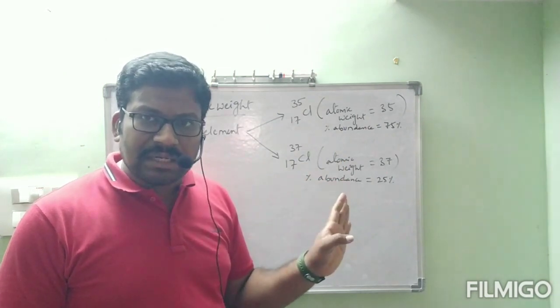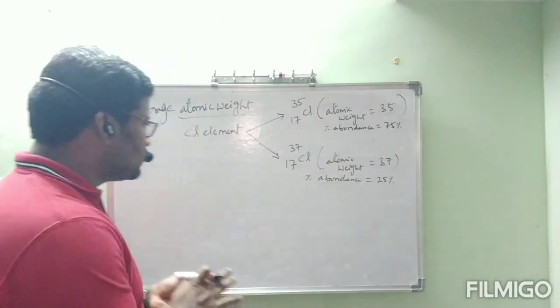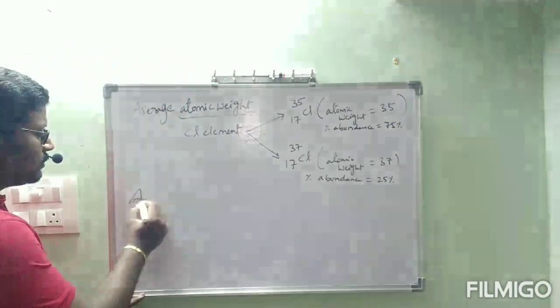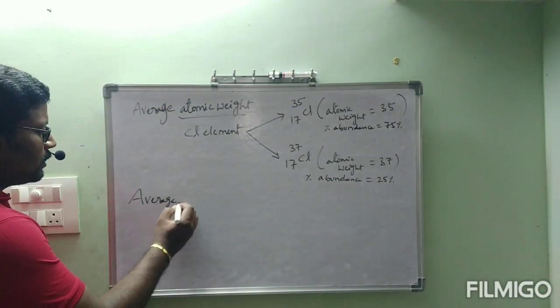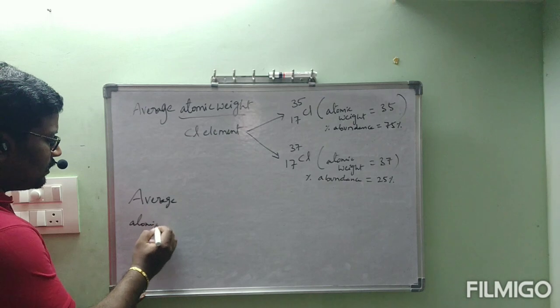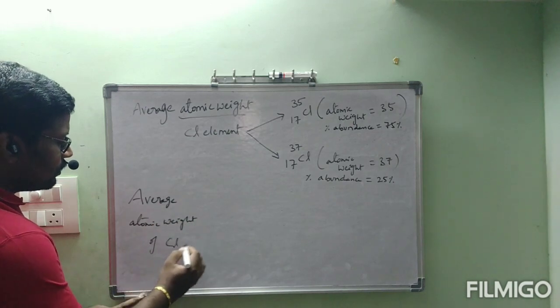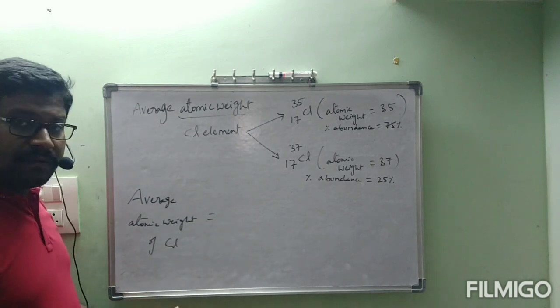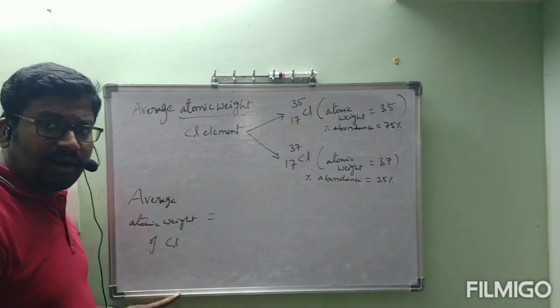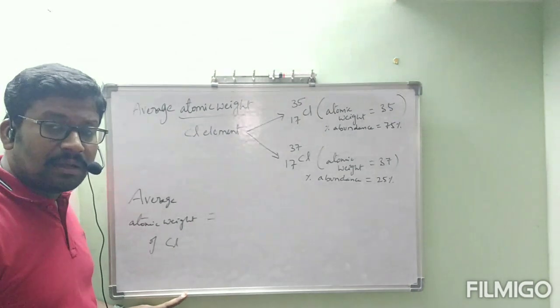Now we are going to calculate average atomic weight. Average atomic weight of chlorine is equal to, we wrote the formula already, once go through the formula.